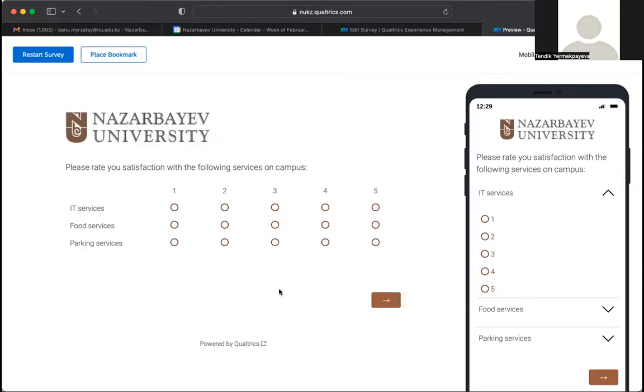Food services are another kind of services, absolutely different. Parking is also different. All these three services have their own specific features. And I cannot, for example, put right now these 1, 2, 3, 4, 5, because they are absolutely different.